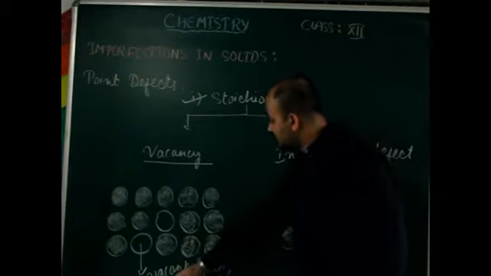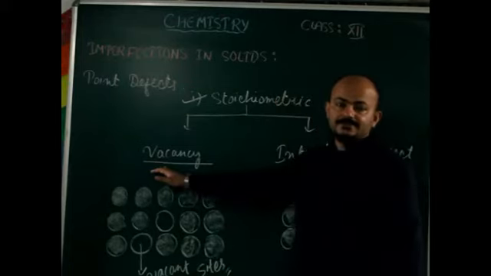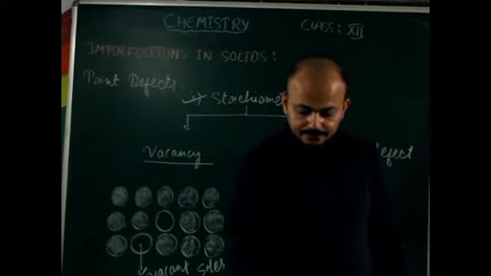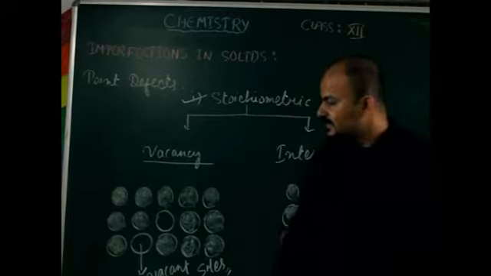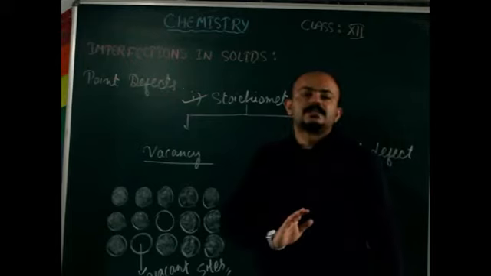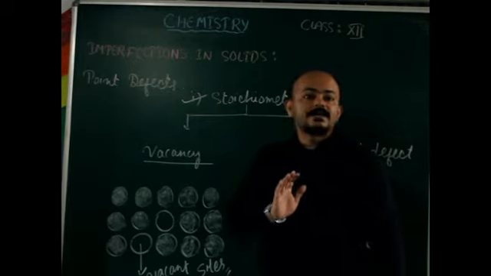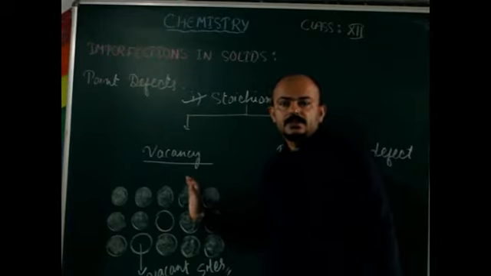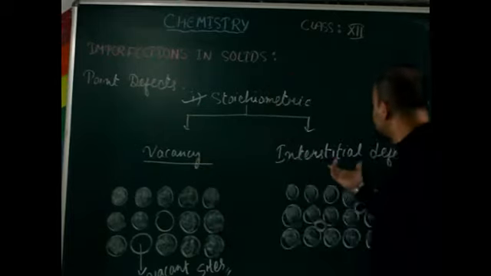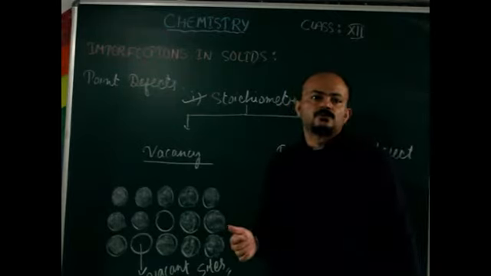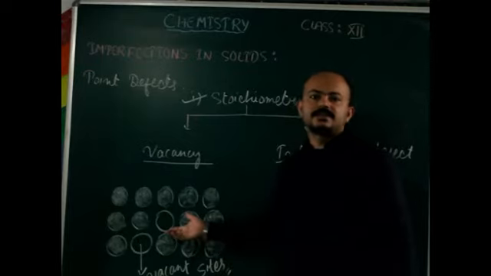Now, what you have to remember here is that vacancy defect and interstitial defect are shown by non-ionic compounds. NaCl is an ionic compound, so NaCl is not an example for vacancy defect.